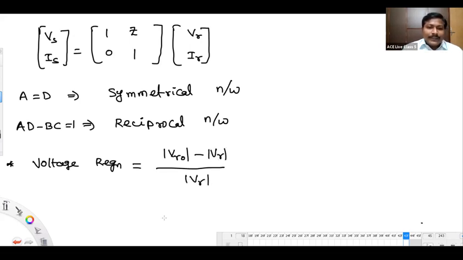In general, it will be coming like mod VR0 minus mod VR by mod VR. See, this mod VR0 is the no load receiving end voltage of the line. So first we will do some generalized calculations, and then we'll come back to this equation.